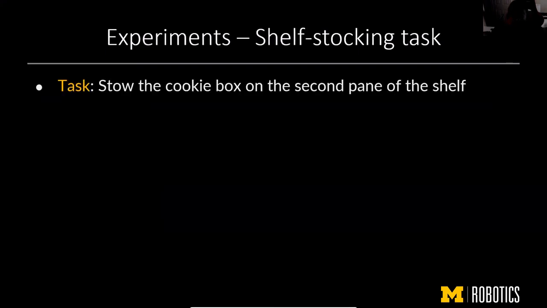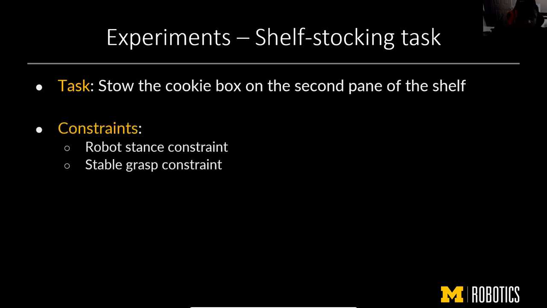Finally, we apply GTP-MIP on real-world mobile manipulation problems on a humanoid robot. The task here is to store a cookie box on the second pane of the shelf. The numerical constraints here, which are essentially continuous precondition constraints in action primitives, are robot stance constraints and stable grasp constraints.